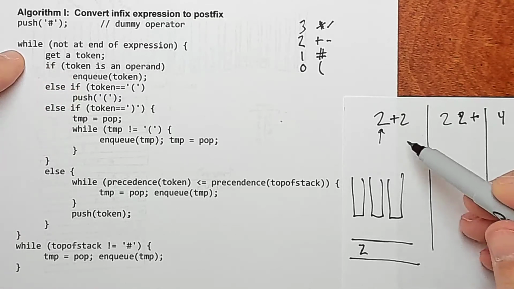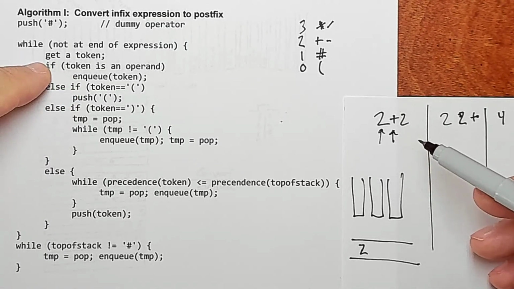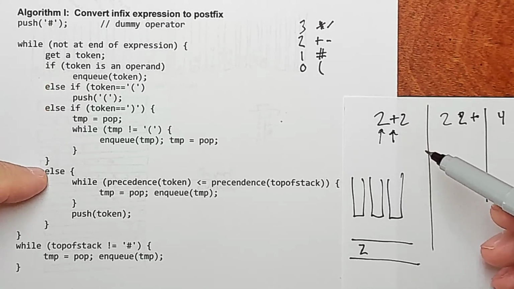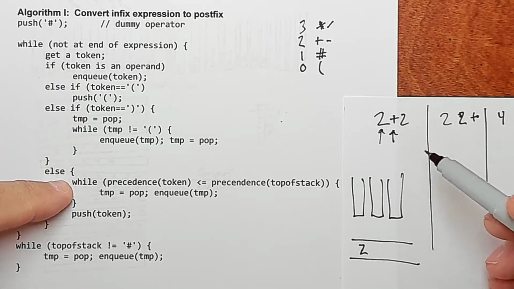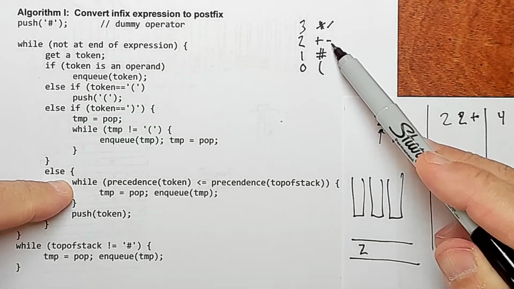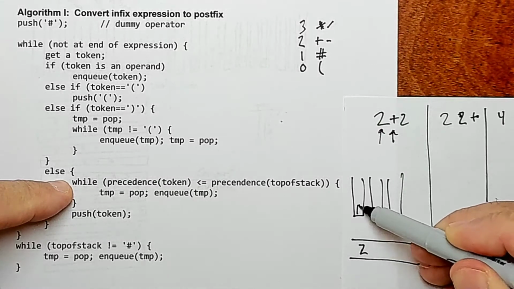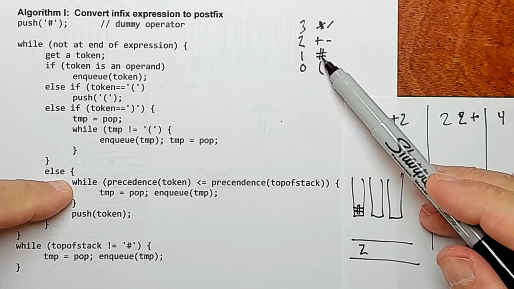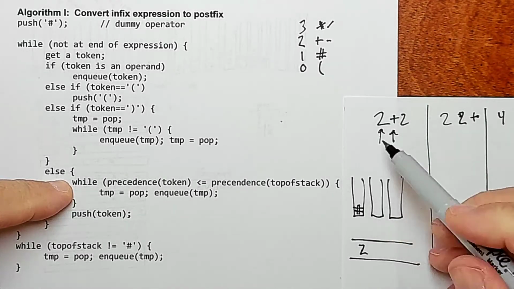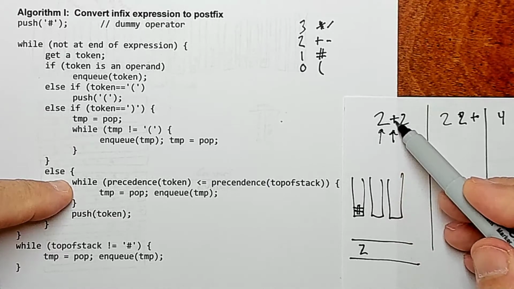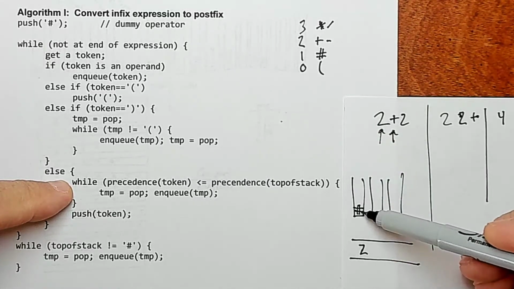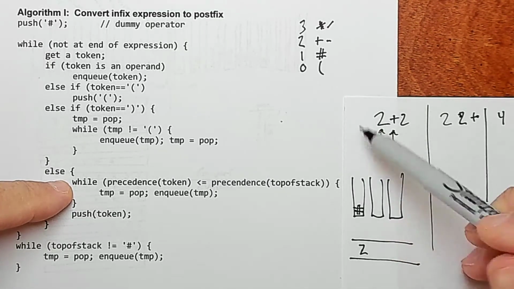So come back around, get the next token. It's not an operand, it's not a left paren, it's not a right paren. So this is what we do. We check the precedence of the token, which is plus, with a precedence of 2, and the precedence at the top of the stack, which has a hashtag on it, with a precedence of 1.